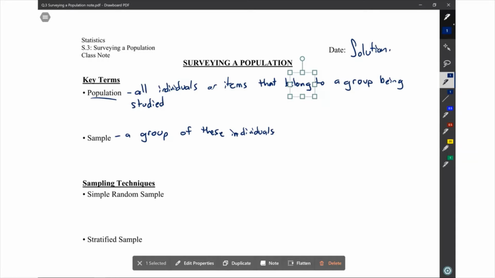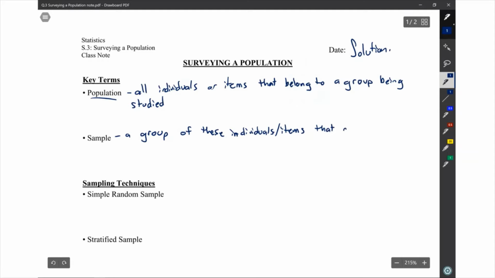So a sample is a group of these individuals or items that, and this is the important part, are representative of the given population.